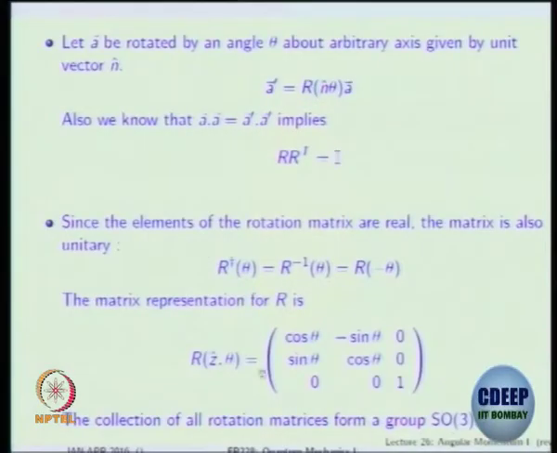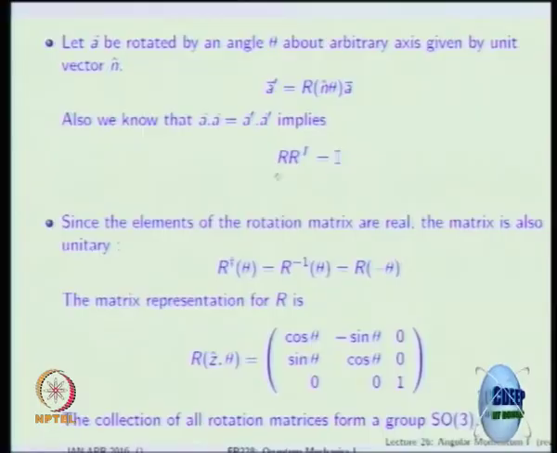Okay. So the explicit matrix representation, so far it is just formally writing it, but you can give a matrix representation for it involving the rotation angle theta, and I am doing it about the z axis for you to see this. So you can collect all these R matrices. If you take a product of this R matrix with another R matrix for some other rotation about the x axis, you will get a new 3 by 3 matrix.